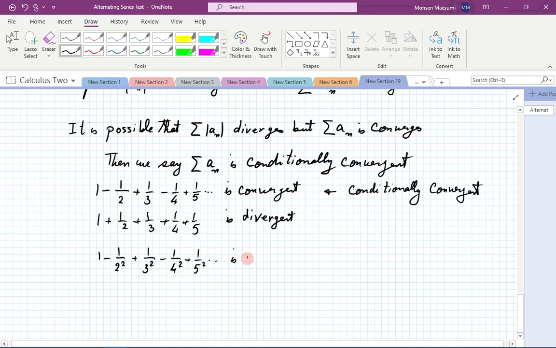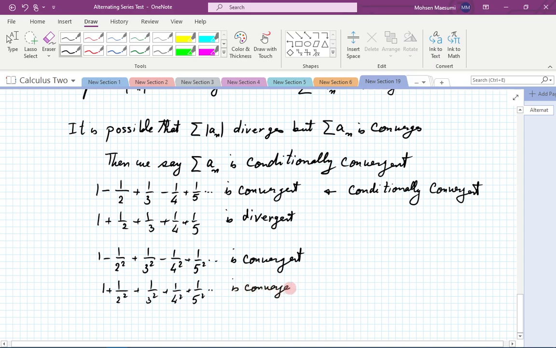This is convergent. And at the same time, if you force everybody to be positive, if you consider the following: 1/3 squared plus 1/4 squared plus 1/5 squared and so on, this one is also convergent.